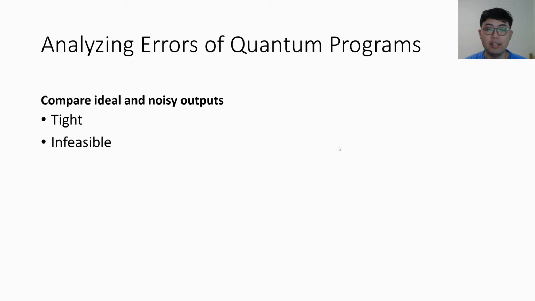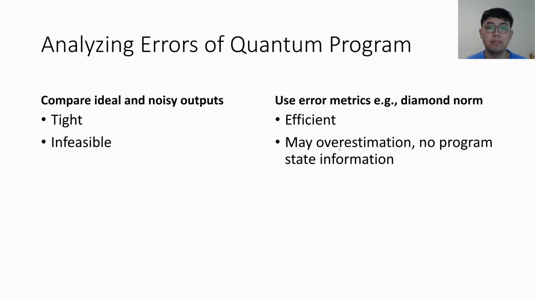The first one is to directly compare the difference between the noisy execution result and the perfect execution result. This method gets the exact error, but is extremely inefficient or infeasible because computing the perfect result itself requires exponential classical time or a non-existent perfect quantum computer.